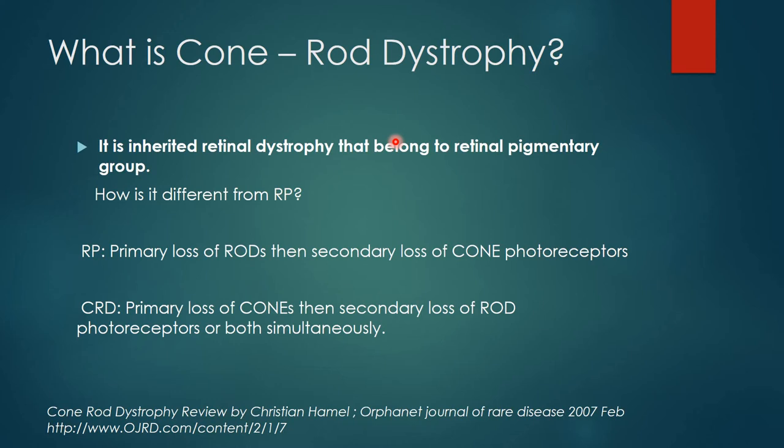In retinitis pigmentosa there is a primary loss of rods, then a secondary loss of cones. In cone rod dystrophy there is a primary loss of cones, then a secondary loss of rods. This is the major difference between RP and cone rod dystrophies.